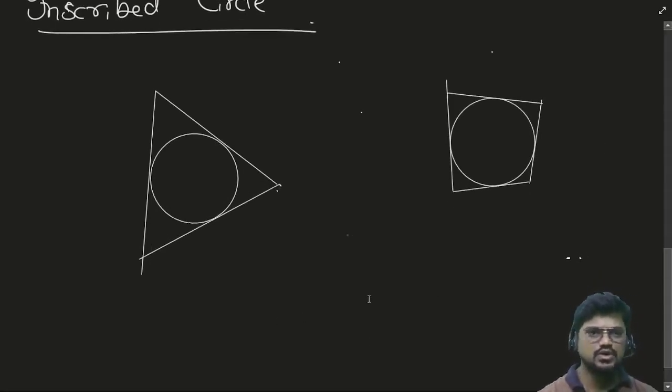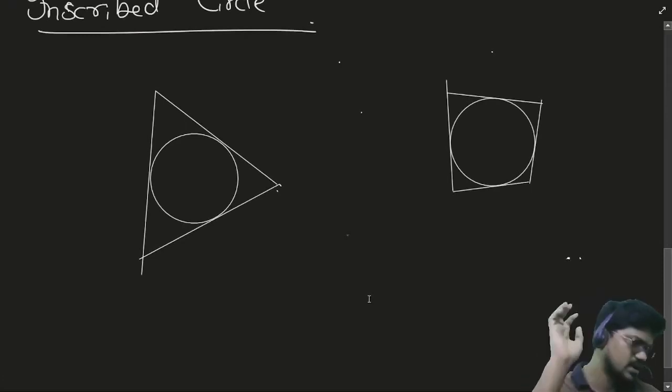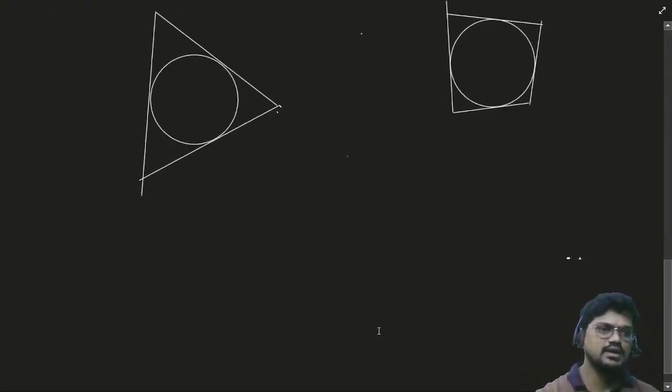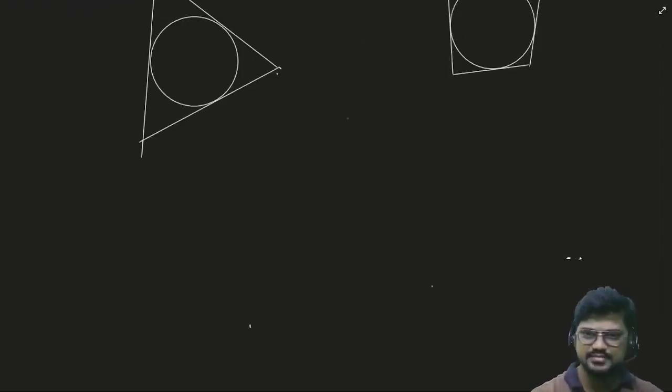Now the next thing which you have, means you have studied this in your class 9th. That is, any line bisecting the chord is perpendicular to the chord.